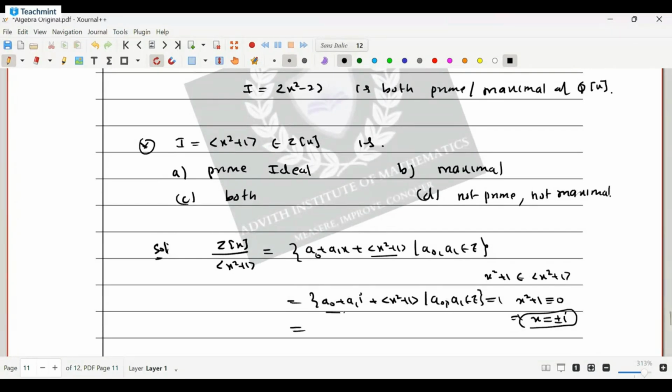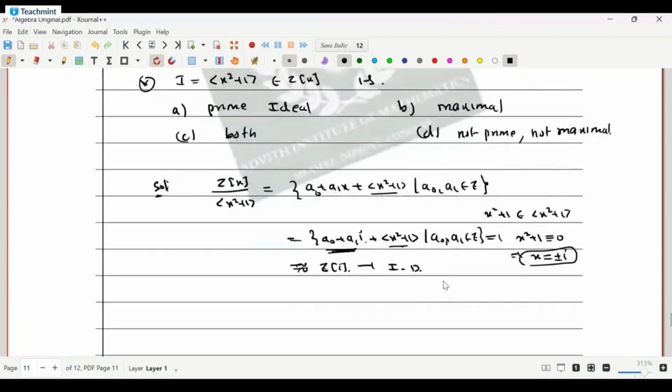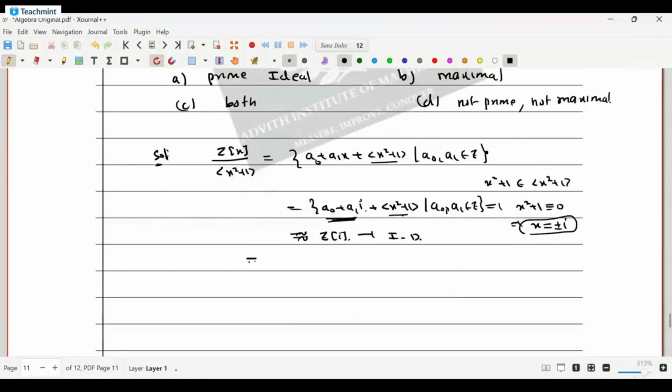So the behavior of this quotient ring depends on a naught plus a1 i. So therefore it is isomorphic to Z[i], right? So therefore it is an integral domain, not a field. So Z over I is an integral domain. So therefore the ideal generated by x square plus 1 is prime.